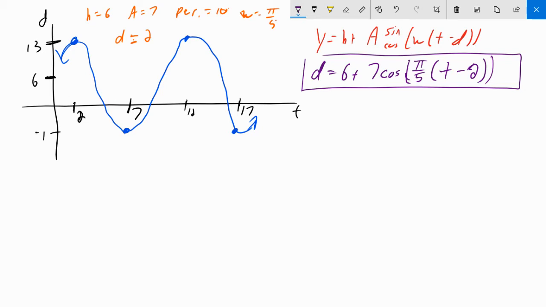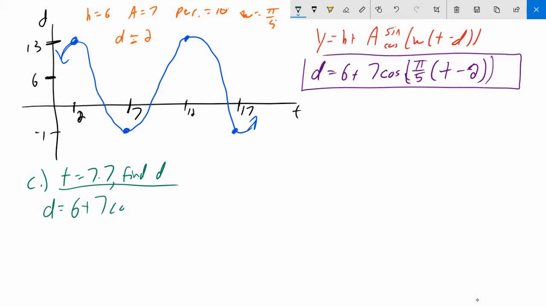Part C was asking specifically when time is 7.7, what is the height of that point P? So all we got to do here is say T equals 7.7, find the D, find the distance from the water level. So use your calculator.